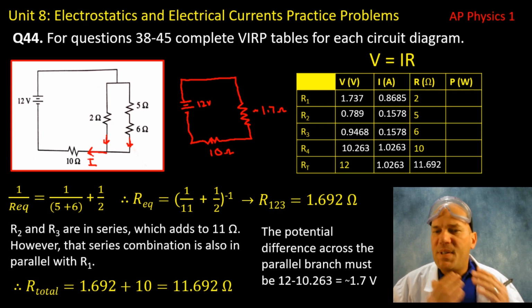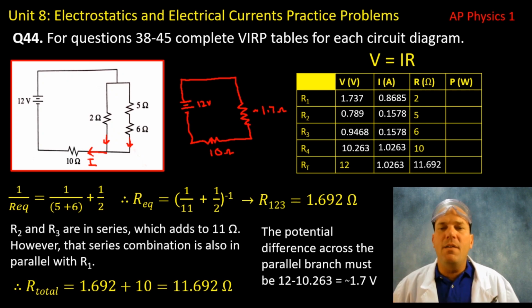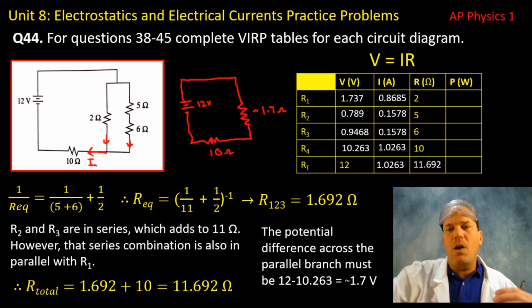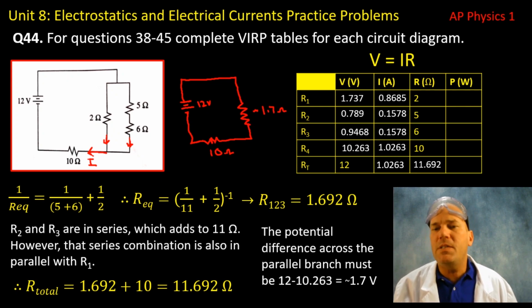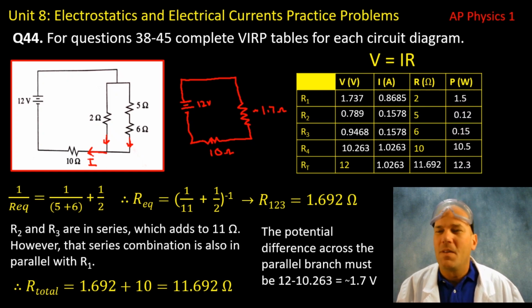We're going to drop 10 volts across R4, and the remaining voltage will drop across R1 to be 1.737, and then if you take R2 plus R3, you'll get the remaining voltage, and it all adds up to 12 volts. Lastly, you can calculate the power, which will all equal 12.3 watts.